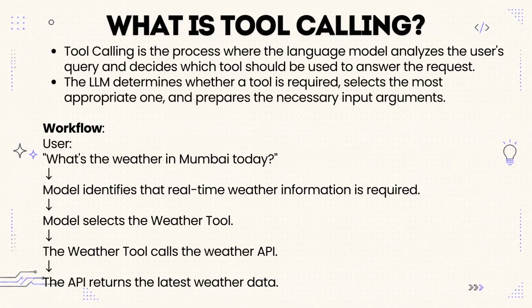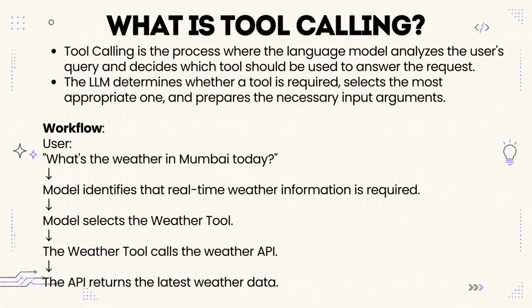The LLM analyzes the request and decides I should use the weather API tool. And this decision is called tool calling. Notice something important: the LLM only requests that a tool should be used. It doesn't actually execute the tool, and it simply returns something like "call weather tool with city Mumbai." So tool calling is the model deciding which tool to use and with what inputs.